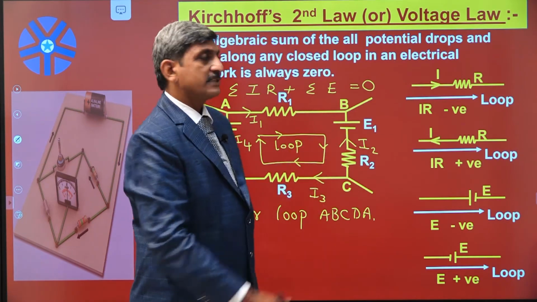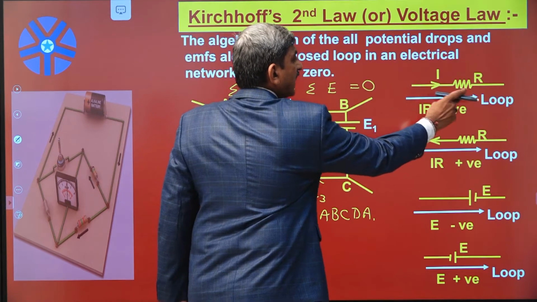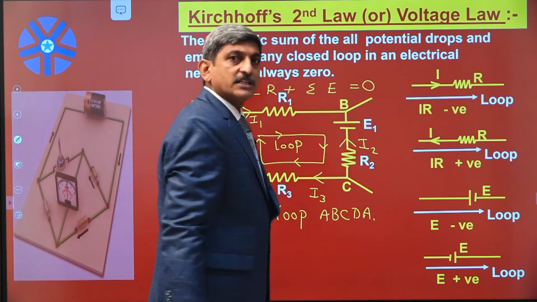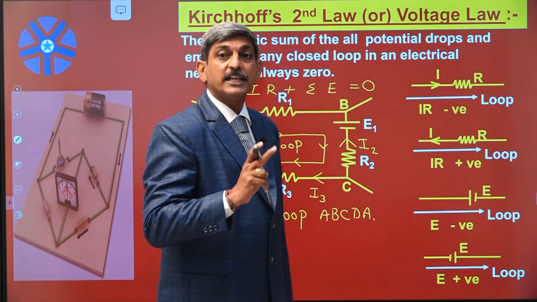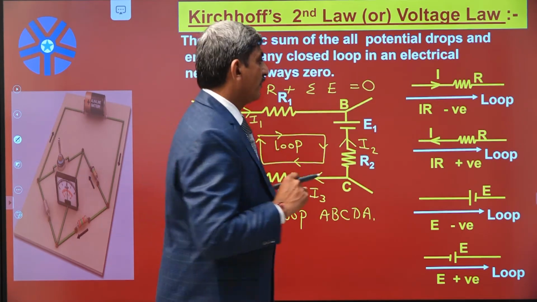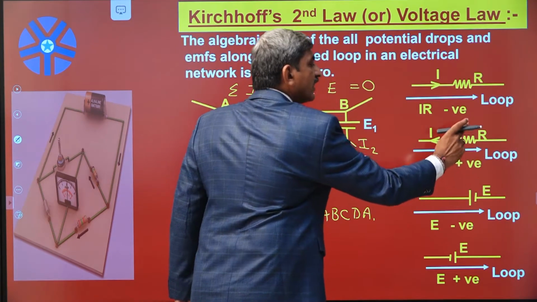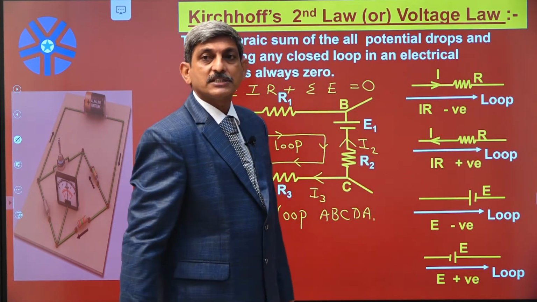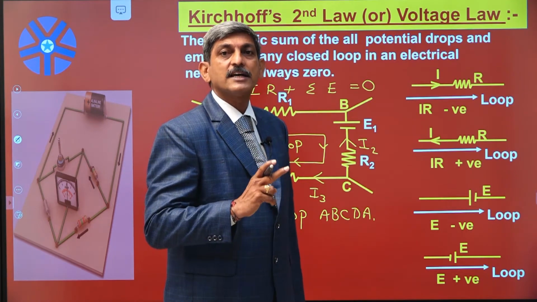Sometimes the direction of the current and the direction of the loop are in the same direction. In such cases, the potential drop is taken as negative. Sometimes the direction of the current and the direction of the loop are in the opposite direction. In such a case, the potential drop IR is taken as positive.